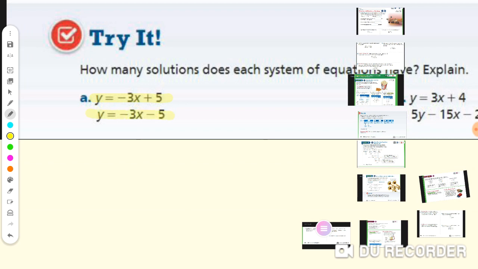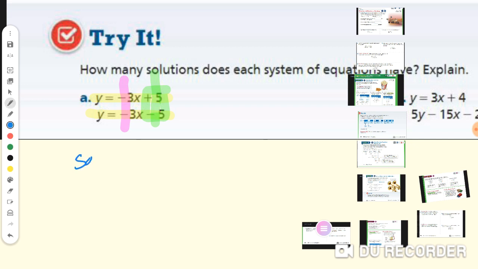Second one, y equal negative 3x minus 5. Similar slope, yes or no? Yes, similar slope, negative 3, negative 3. But different y-intercept. The first one is positive 5, second one negative 5.